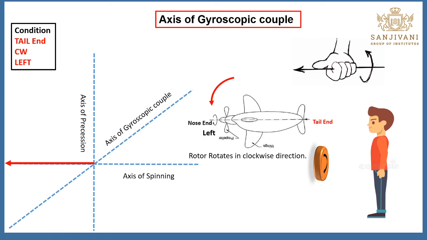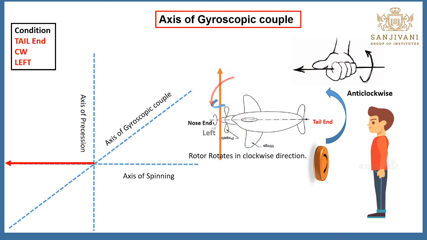That means if you consider this direction of orientation of this circular arrow, it shows the anti-clockwise direction. Okay. Now, what is the significance of this? You need to rotate this axis of spinning in the anti-clockwise direction till it approaches the axis of gyroscopic couple.